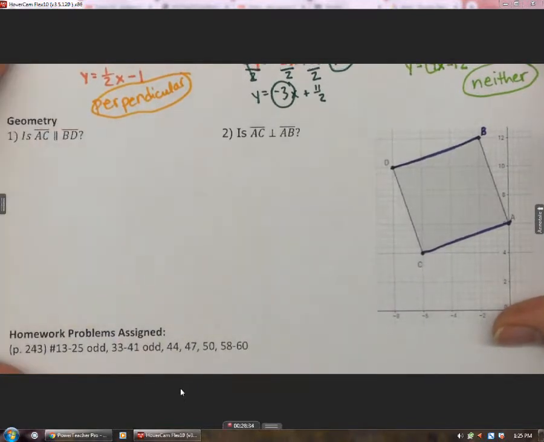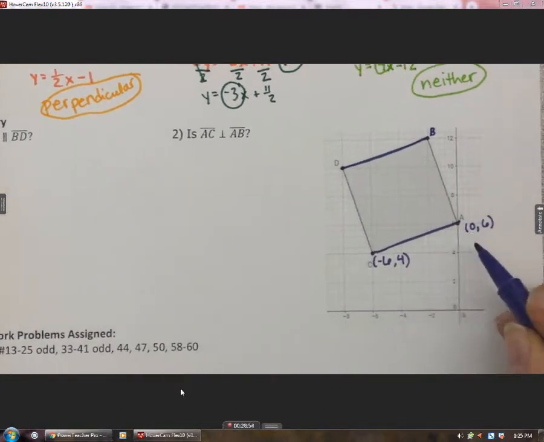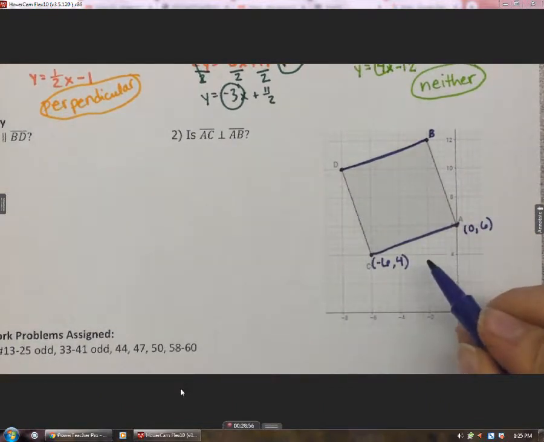We need two ordered pairs right here. This is the ordered pair 0 up to 6. And this is the ordered pair, I'm going to go -6 up to 4. Can I find the slope between those 2 points?